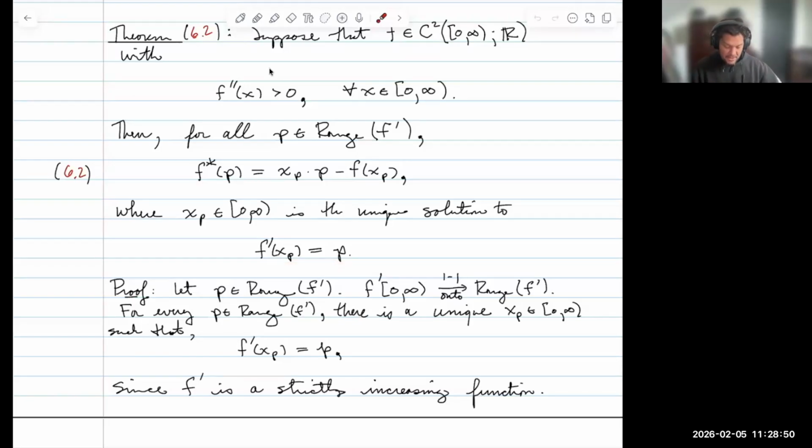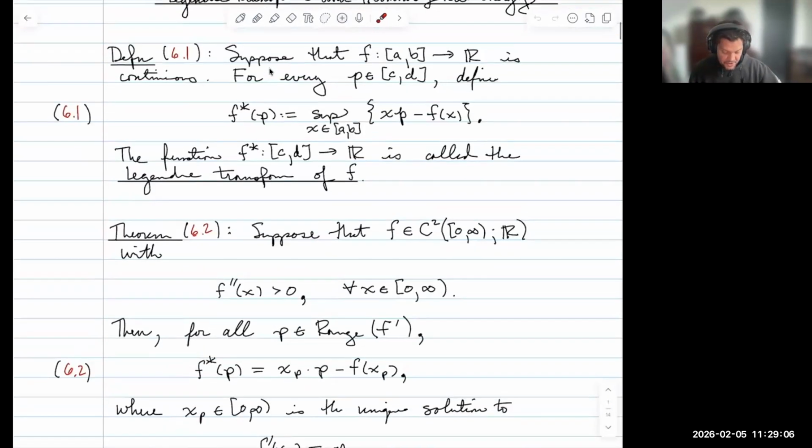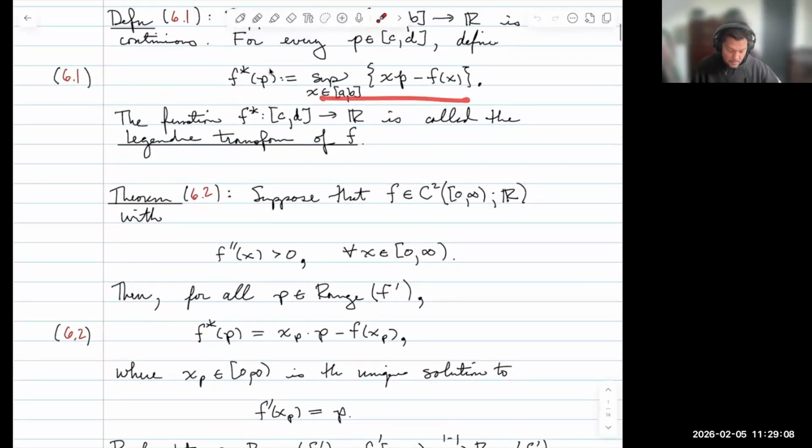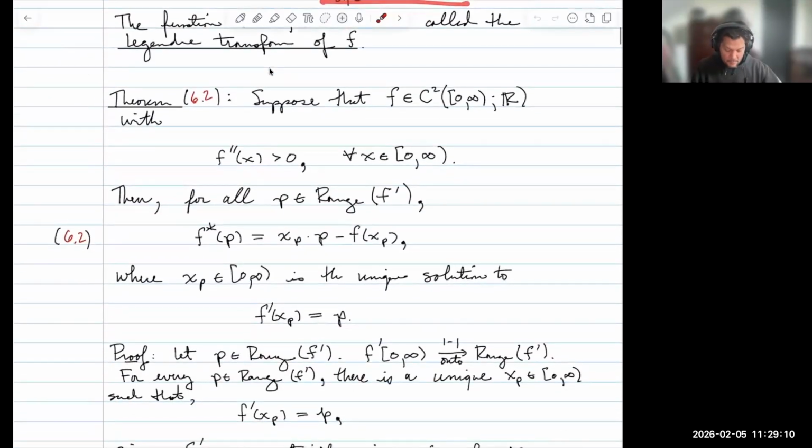The nice thing here is that we've defined this object generically above, but it has a unique definition, and it's always given by this simpler formula. So this generic formula reduces to this very specific formula in the case where f is a convex function. So let's prove this.